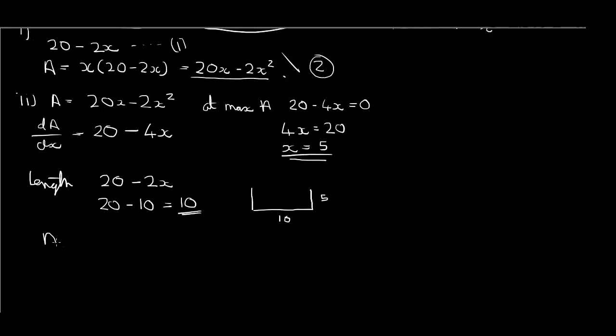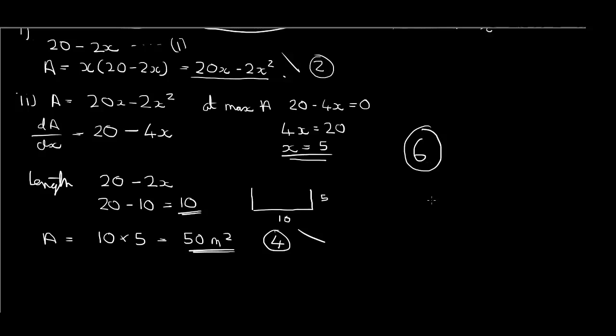So the maximum area equals 10 times 5, which equals 50 metres squared. And for that we get another 4 marks. So got that right, got that right, so we've got a total of 6 marks for that question on differentiation.